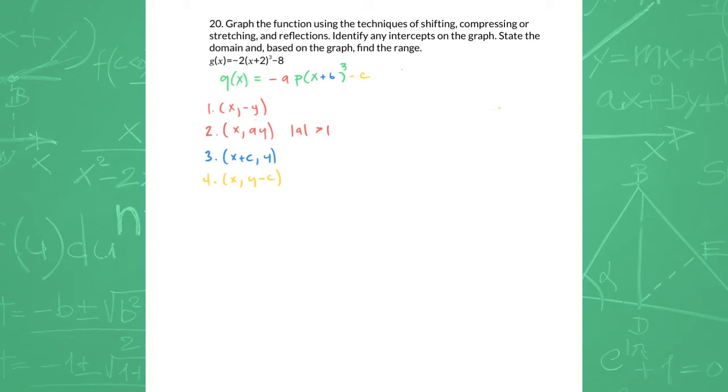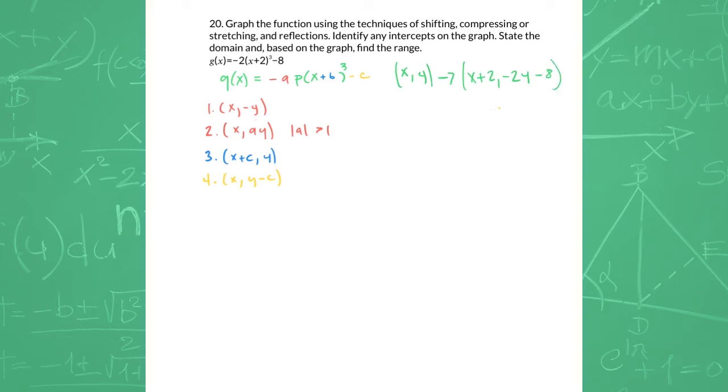So our input and output, x and y, are going to be transformed to x + 2, negative 2, y - 8.